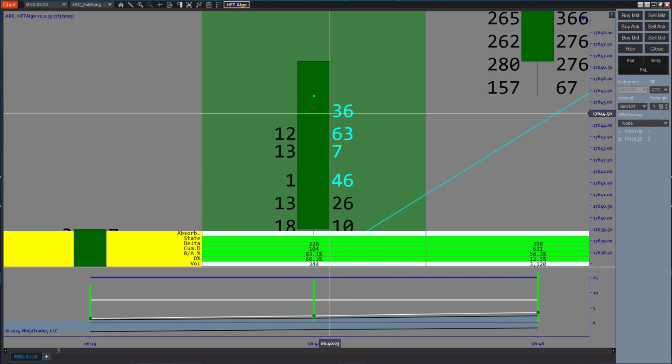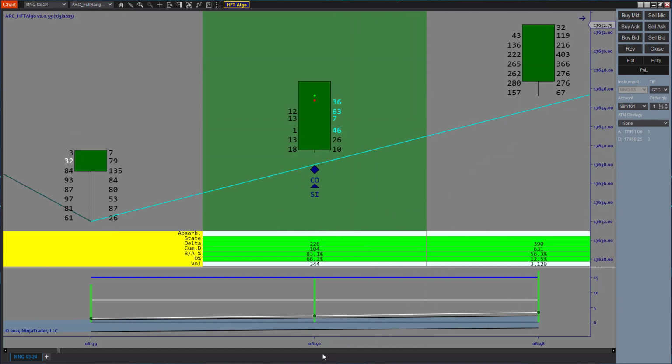So even though the stacked imbalance was here, the order came in here because of slippage and because markets move, right? So these are very accurate. So you can hang your hat on it and know that you've got something to work with here.